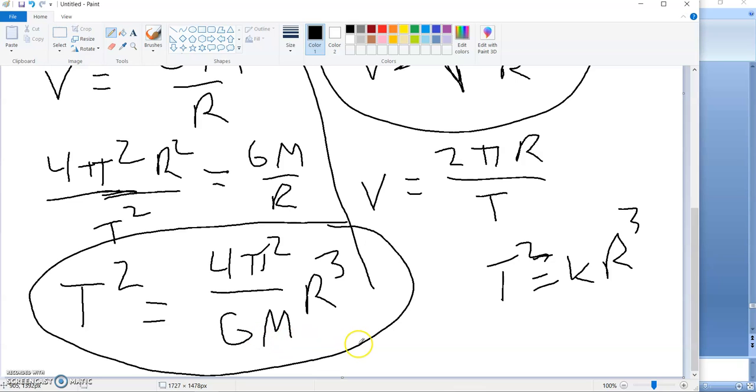For example, if I give you the mass of Saturn and the radius of some moon orbiting Saturn, you could plug in and calculate its period. I give you the period, you can find the radius. But even better, if you don't know the mass of a planet, and remember back in the day they didn't just know the mass of Saturn, right?